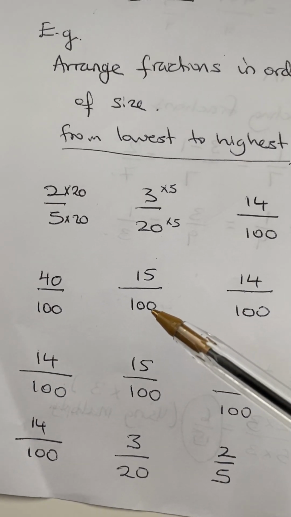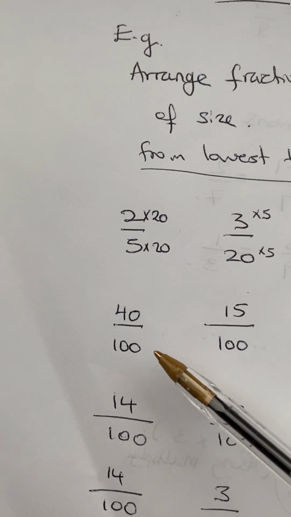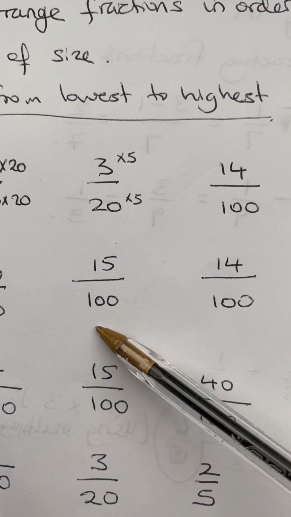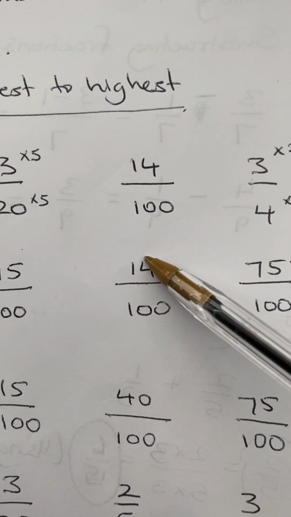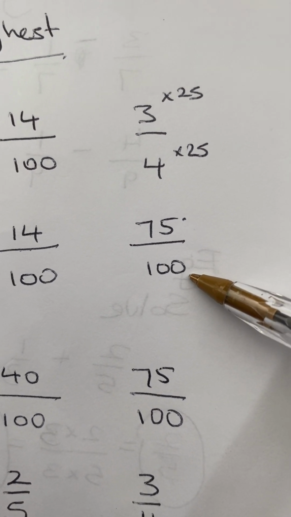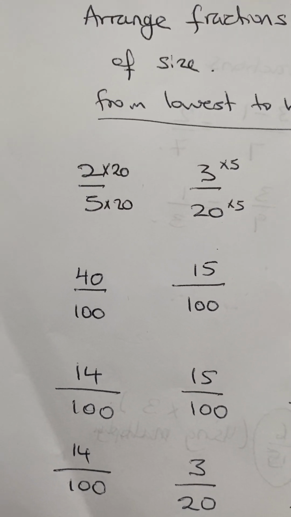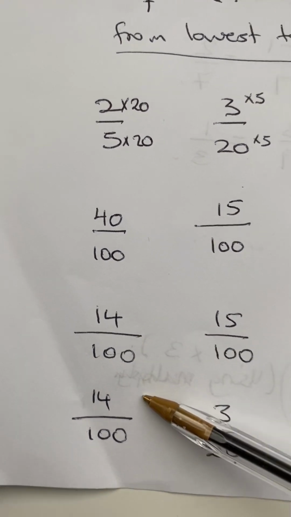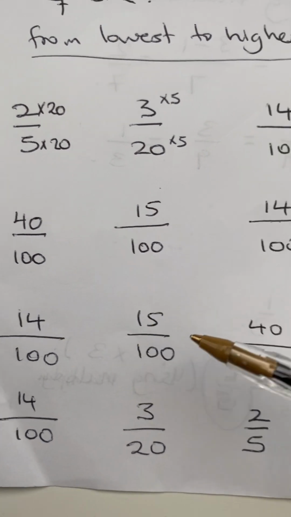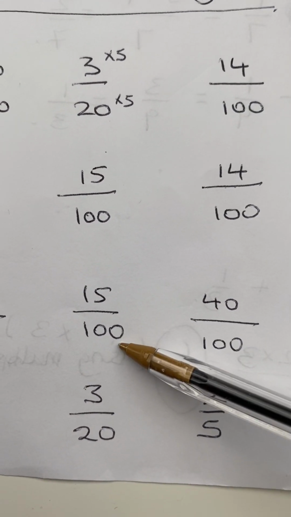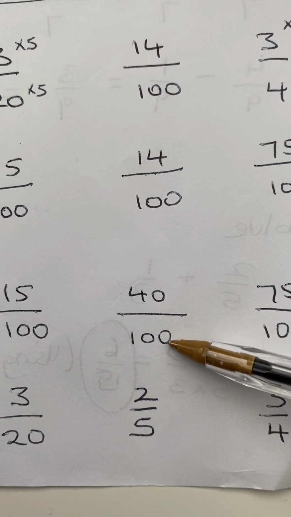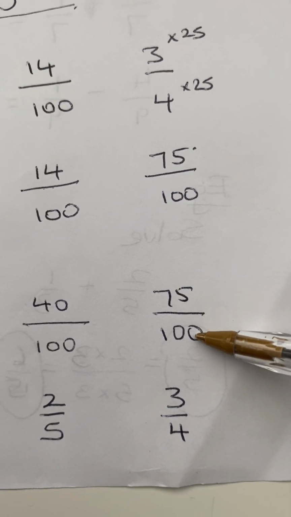So now we have the same four fractions: 40 over 100, 15 over 100, 14 over 100, 75 over 100. Looking at it carefully, 14 over 100 has the smallest numerator, followed by 15 over 100, followed by 40 over 100, followed by 75 over 100.